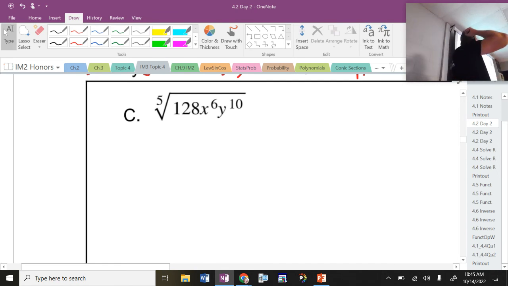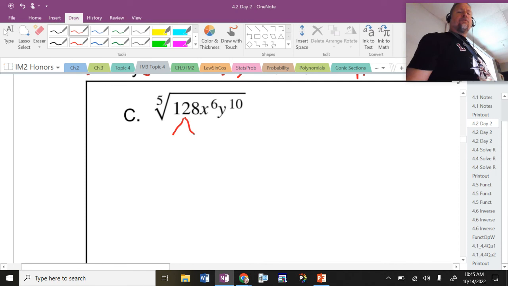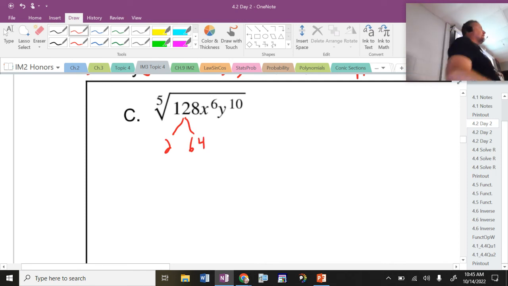Okay, 128. Is that a perfect fifth root? I'm going to break this down. 2 times 64. Wait a minute. Now I'm getting somewhere where I kind of know. 64 is 2 to the 6th power.